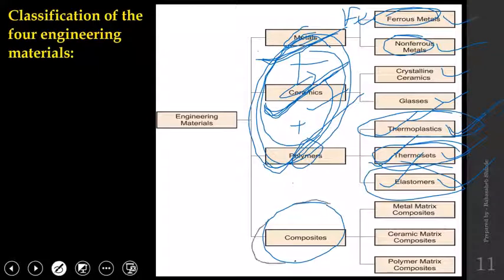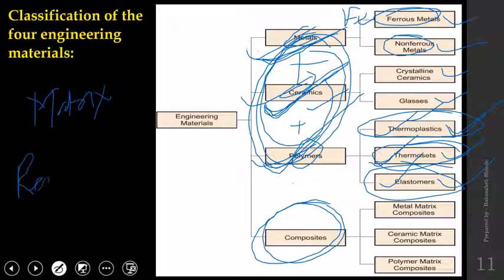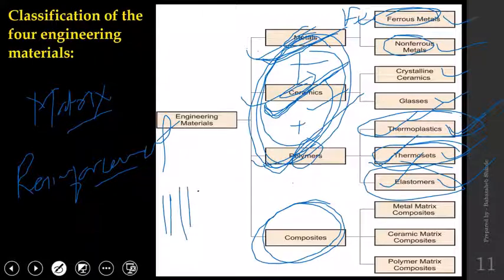Now to get that composite, out of these metals, ceramics and polymers, one material is going to be considered as the matrix and another material is going to be considered as the reinforcement. To understand the difference between matrix and reinforcement, I will give you the example of the slab over your head.